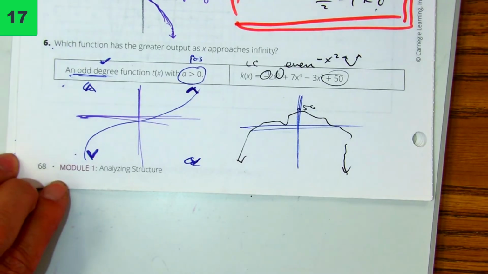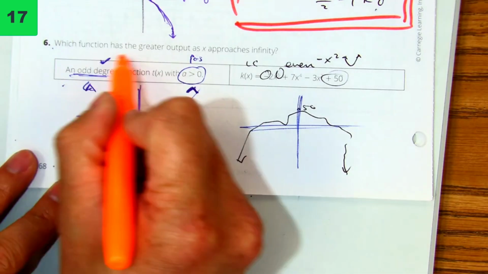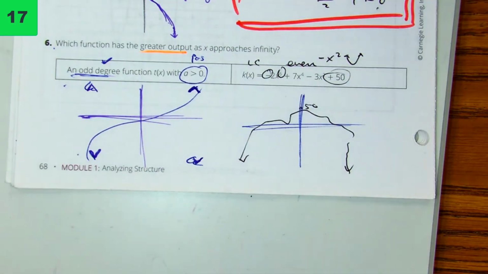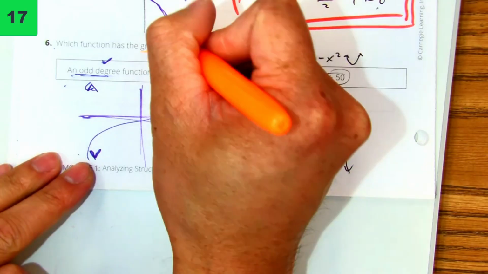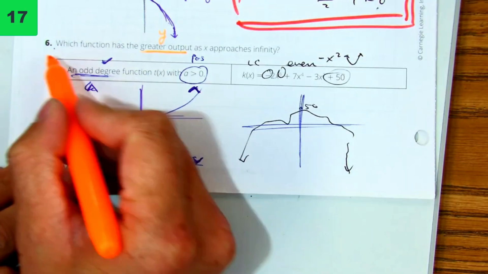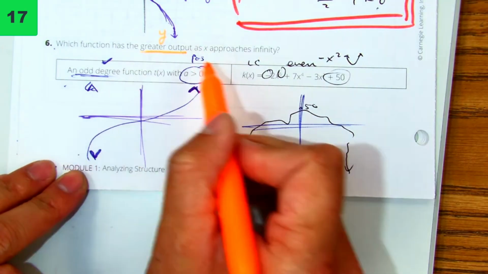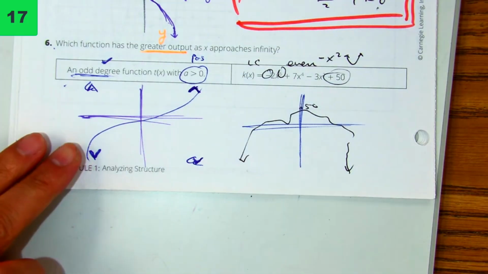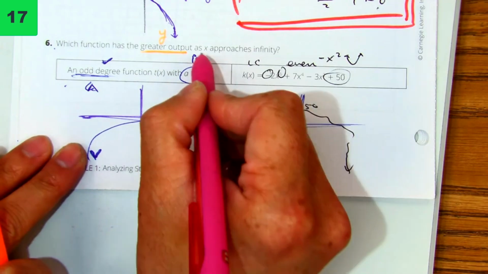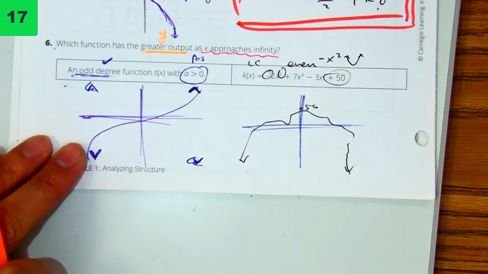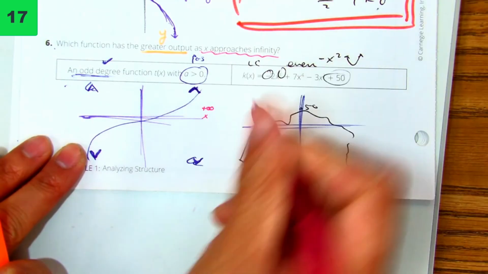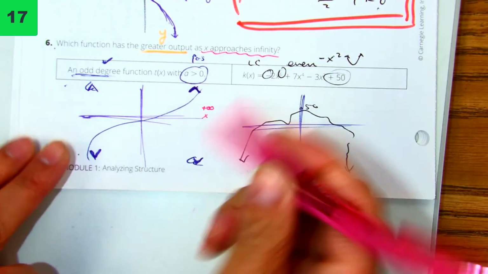But the big idea is this. Which function has a greater output? Class, what letter is output? Y. So looking at your y values, which one has a higher or bigger y value as x approaches infinity? Class, which side is that? Left or right? Yeah, on the x-axis you're going towards the right as x approaches infinity.